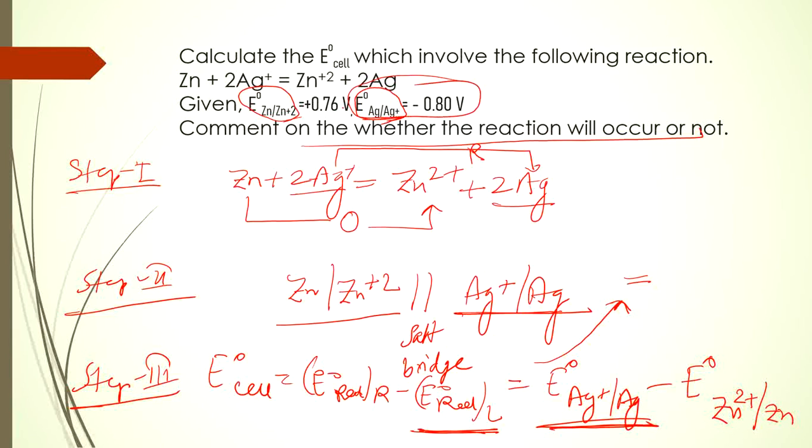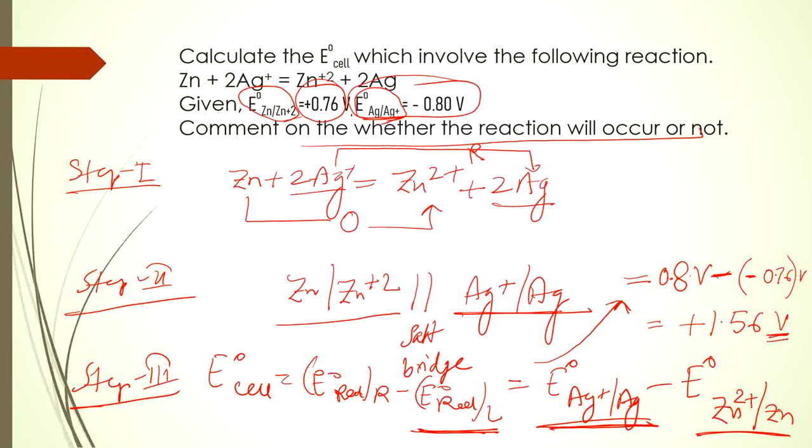The oxidation potential is minus 0.8, so the reduction potential would be plus 0.8 volt, and now this would be minus, and what would be the potential of zinc 2 plus by zinc? It would be the opposite of 0.76, so minus 0.76 volt. Okay, so overall it would be a positive term, plus 1.56 volt.